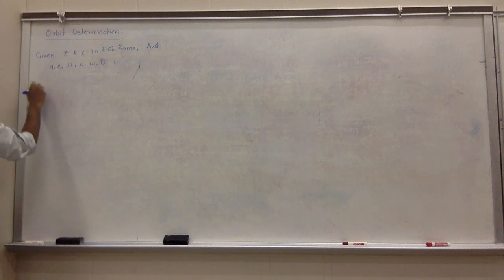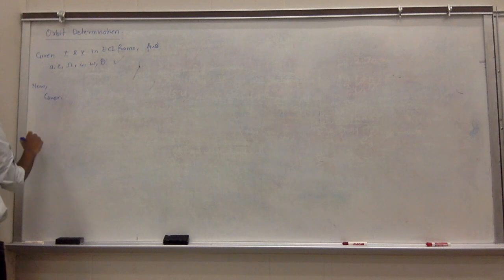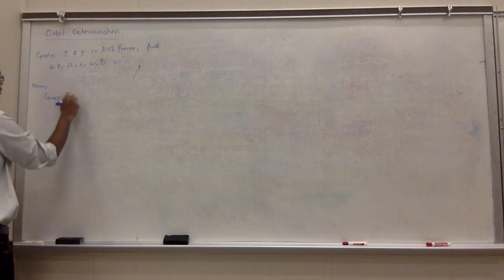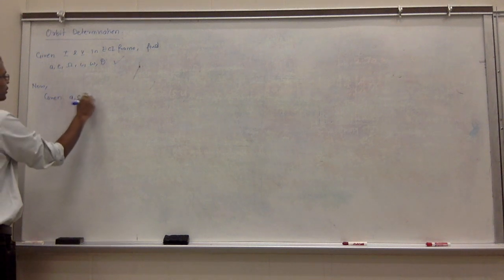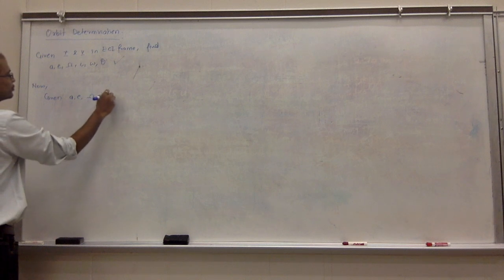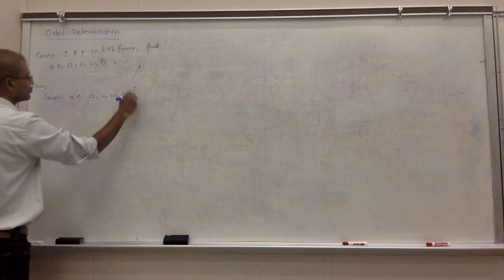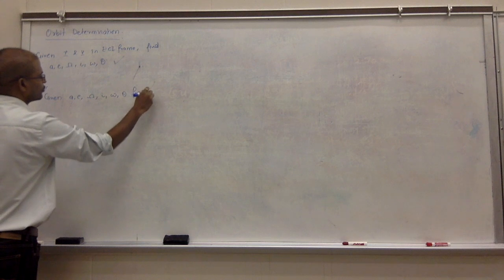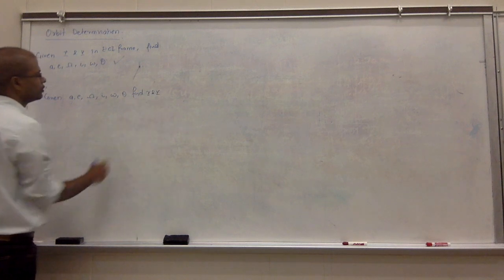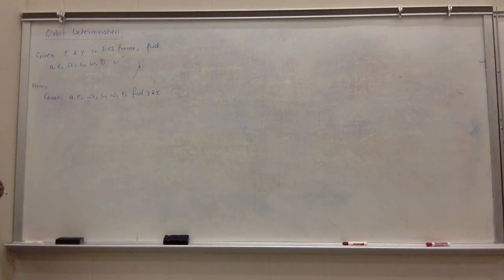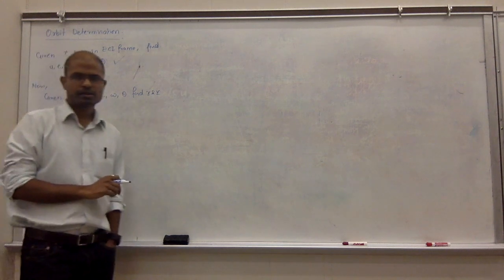Now, given these, find R and V in the ECI frame.